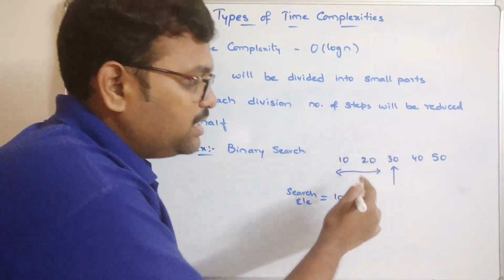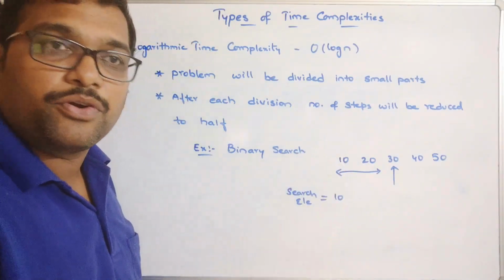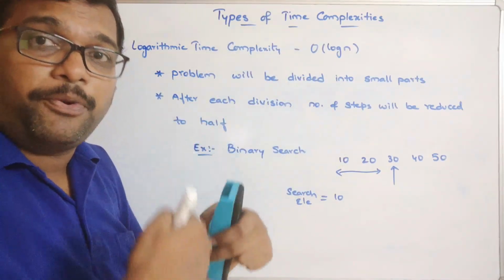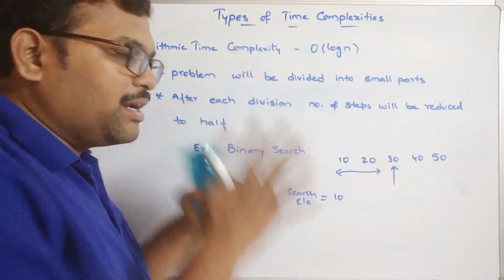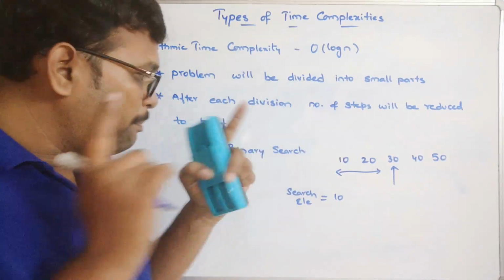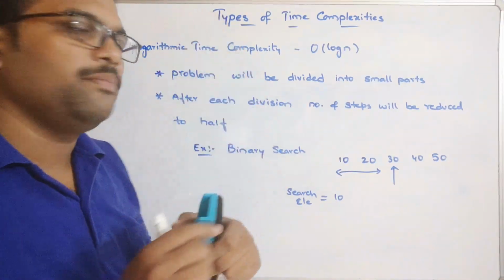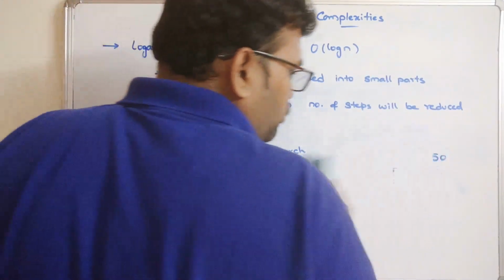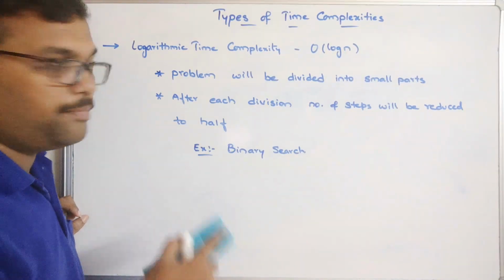In the next iteration, again we have to find the mid and repeat the same process. The division of sub-problems will be done until it completes its execution. So binary search is the best example for logarithmic time complexity, reducing the search space or reducing the steps to execute the problem.